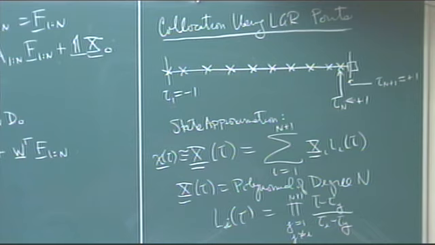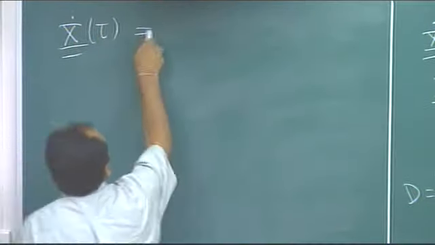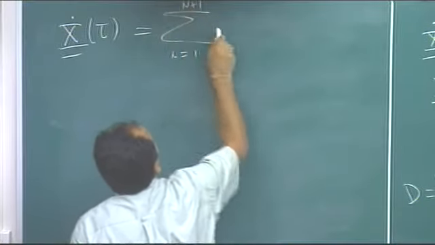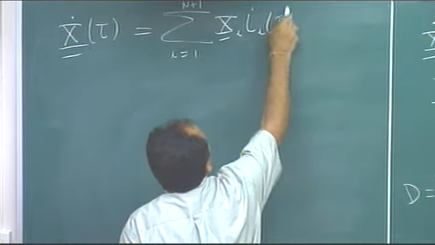So what we do is we say, all right, now I'm going to erase this Gauss picture because I'm done with it. I don't need it for anything. So if I differentiate that approximation, what I get is the following. I get that x dot of tau is equal to the sum from i equals 1 up to n plus 1 of xi li dot of tau.